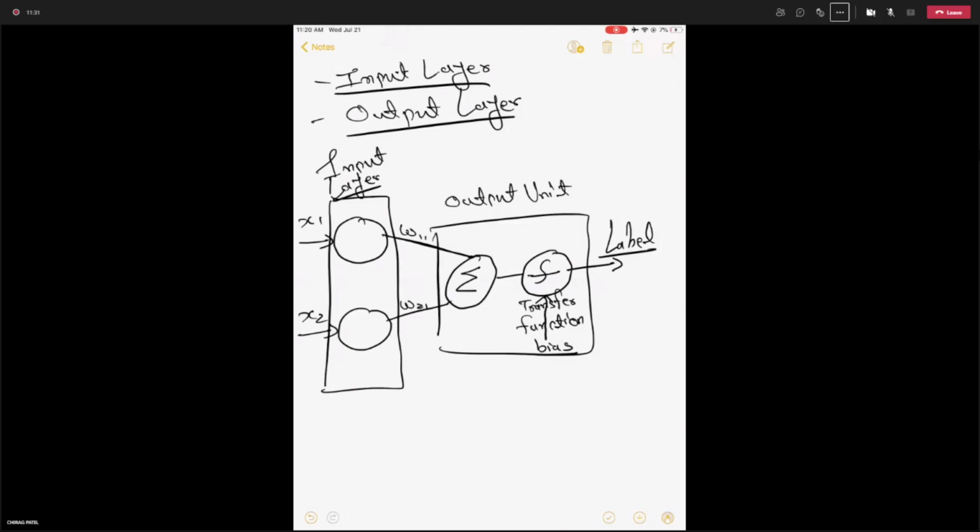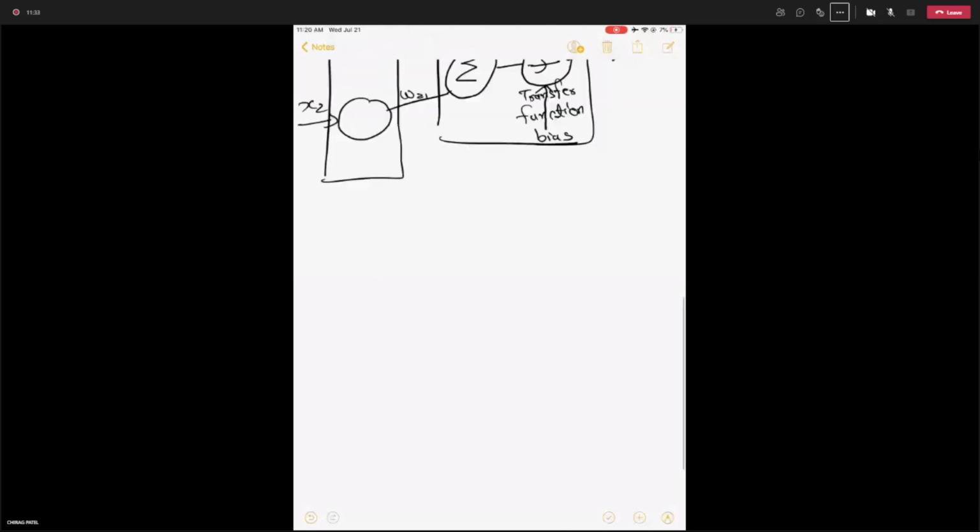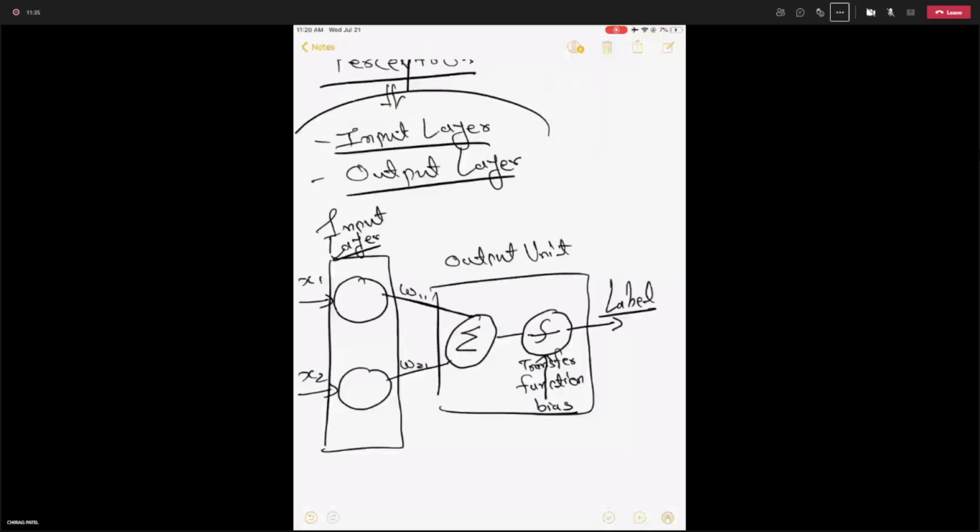There are two basic components of your perceptron.